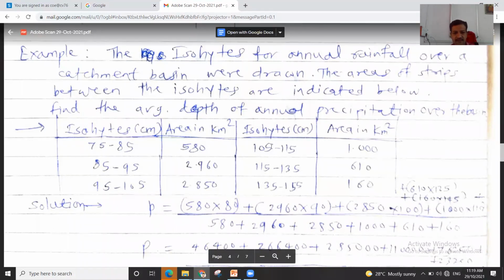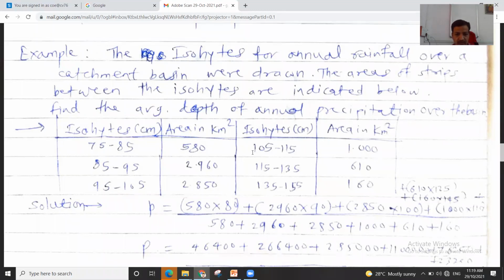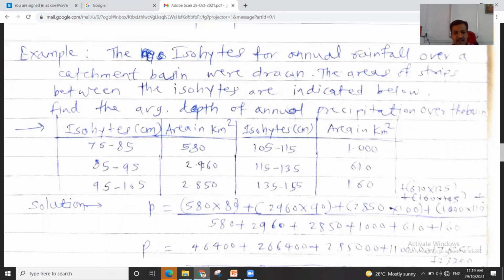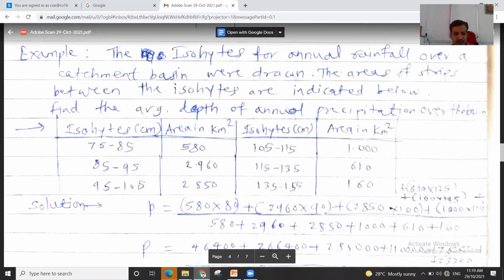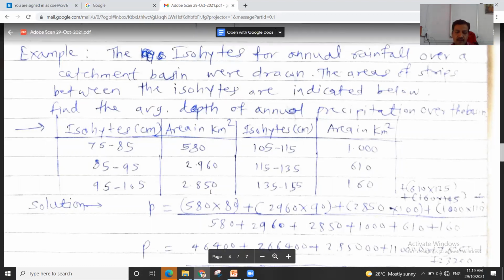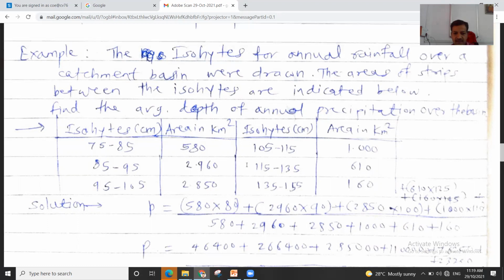Now for isohyet 85 to 95 centimeter, area is having 2.96 kilometer square. For 95 to 105 centimeter the area is 2.85 kilometer square. Then for isohyet 105 to 115 centimeter area is 1 kilometer square.